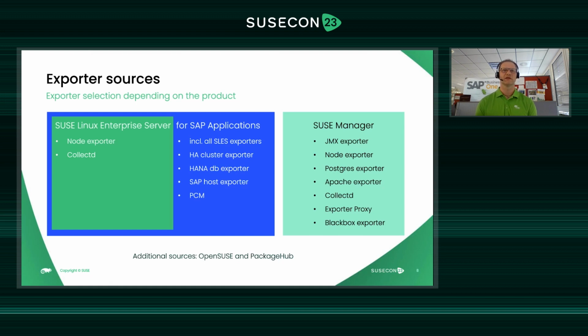Therefore, we have the node exporter and collectd. With SUSE Linux Enterprise Server for SAP applications, we have in addition an exporter which is able to expose cluster metrics. We have the HANA database exporter for the HANA database, and the SAP host exporter for the SAP application server stack.